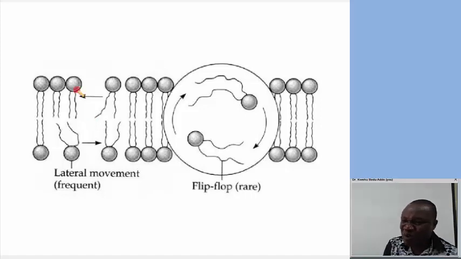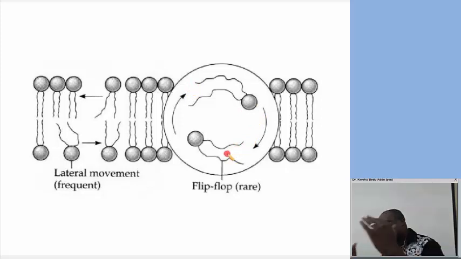You have the phospholipids moving in this direction or that direction. This type of movement is frequent. And in rare cases, we have what we call the flip-flop movement, where a phospholipid in one layer would move to the other layer. For instance, this will move up there and that will move down here. So we have a flip-flop movement.